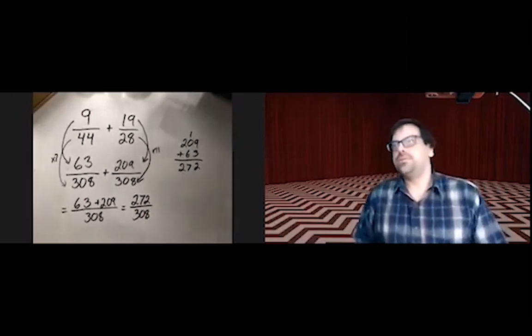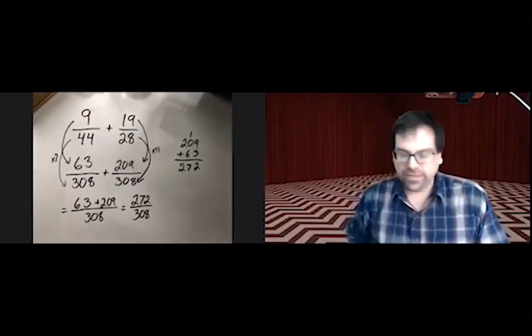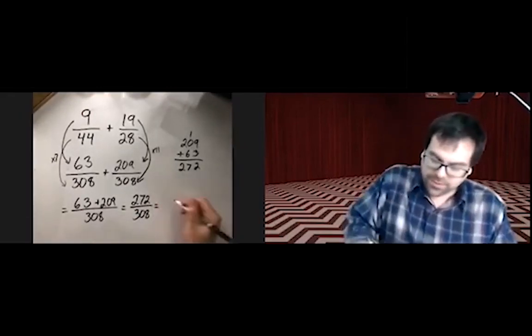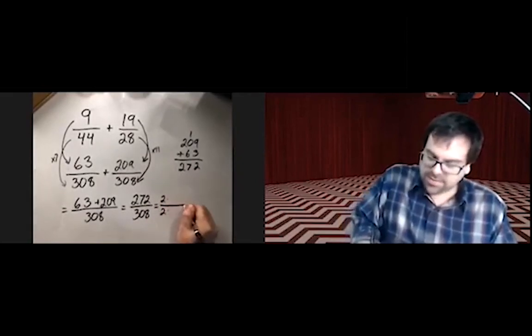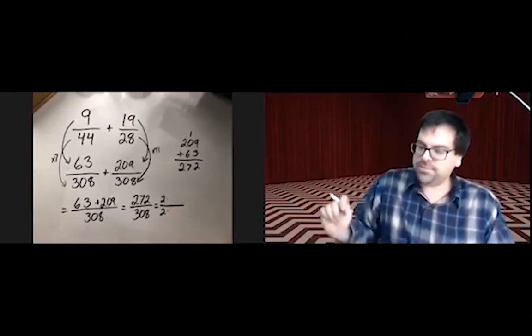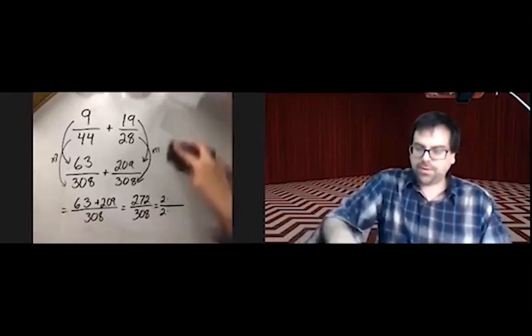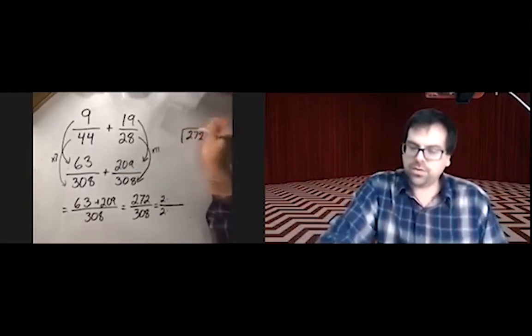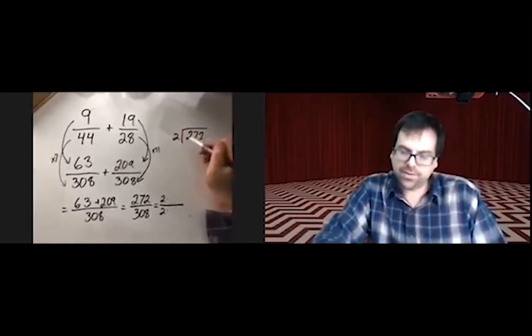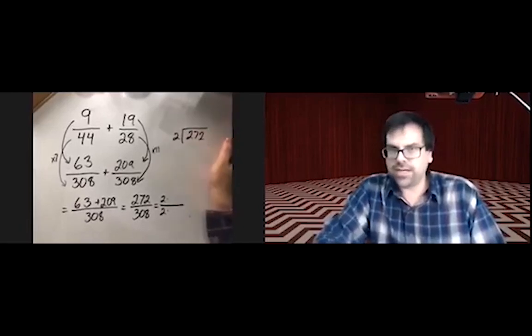This can be reduced for the sheer fact that both are even, which means both can be divided by 2, written as 2 times some number. What are these numbers going to be? 272 divided by 2. Make sure you're understanding every step here.